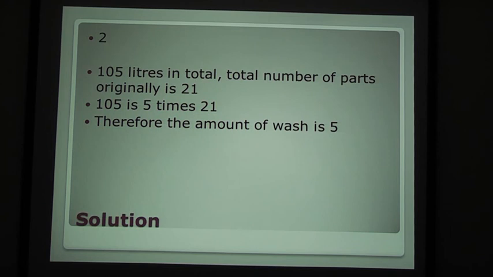Total number of parts originally is 21. 105 is 5 times 21. Hopefully you can see that quickly and easily, because you know 20 times 5 is 100, so 21 is 5 times that. You know it's going to divide equally because it's not going to have leftovers at this stage. So therefore the amount of wash is 5. So you're making 105 litres, the number of parts originally was 21, so you divide it down and it's 5.